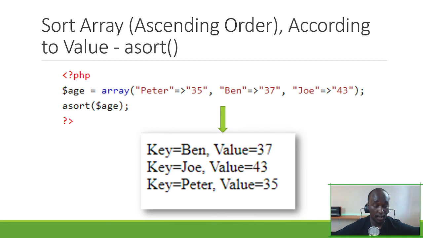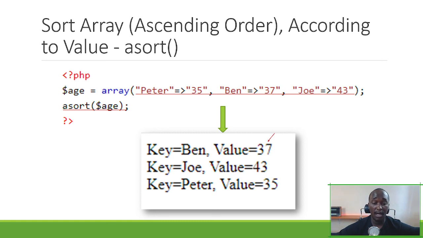Okay. And then now we have the associative array. So asort. So this is an associative array. For asort, it's going to sort according to the value. Yes, according to the value. So in ascending order. So 37, 43.